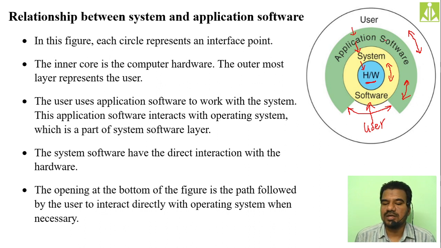So in this way the user can accomplish his task in two different ways: one with the help of application software, and the other with the help of system software. In both ways, whether he is interacting with the application software or the system software, he has to get his job done by the computer hardware itself.